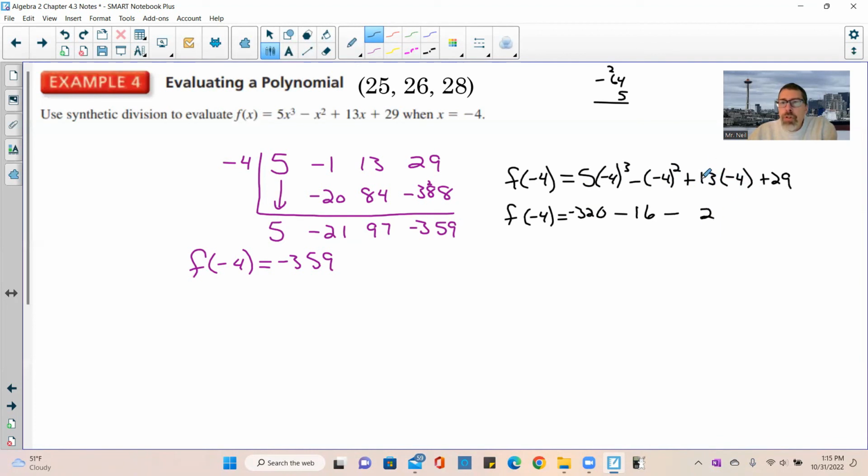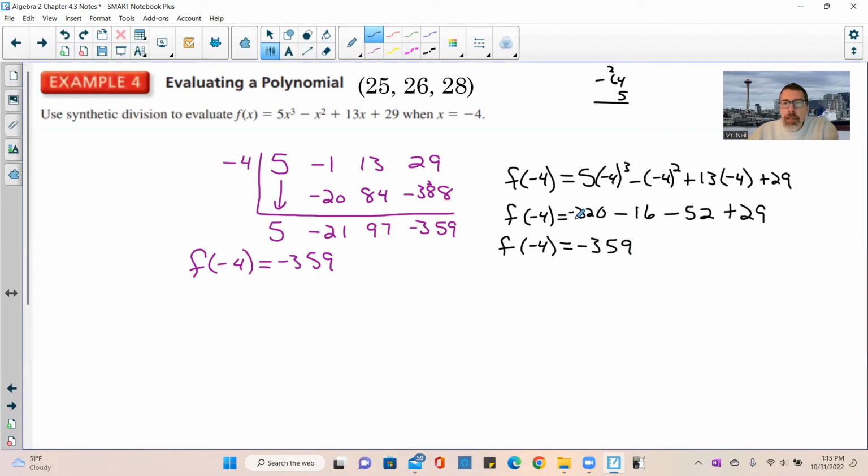Carry the 1. 4 times 1 is 4, plus that 1 is 5, plus 29. So negative 320 minus 16 is negative 336. Minus another 50 would be 386. Minus 2 more is 388. And then add 30 to that, and we're back to 358. Actually, it's going to be negative 359.